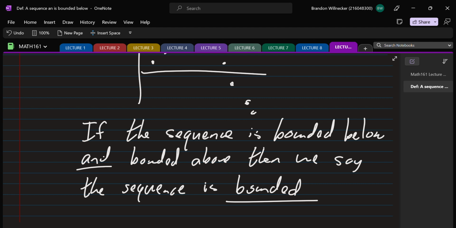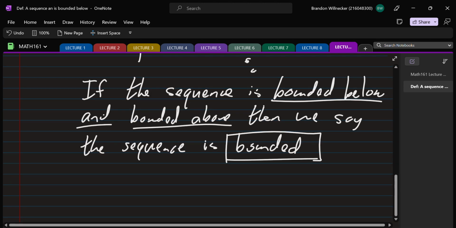Okay, so you always need to attach this bounded below or bounded above, depending on the situation. So a sequence may be bounded above, but it may not be bounded below. Or it could be bounded below, but not bounded above. Okay, so you could have those different situations. If you have both of those cases, then we say it's bounded.